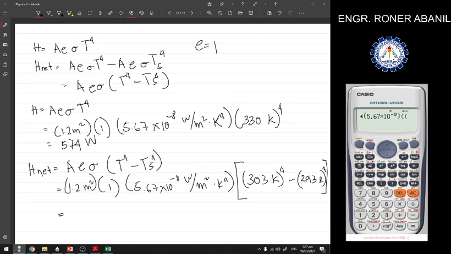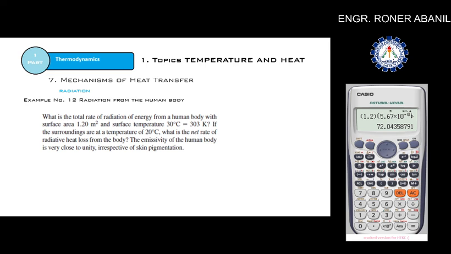Then 303 raised to 4 minus 293 raised to 4. There, so what comes out is 72 watts. So this is now our answer. Yes, that is the last problem.